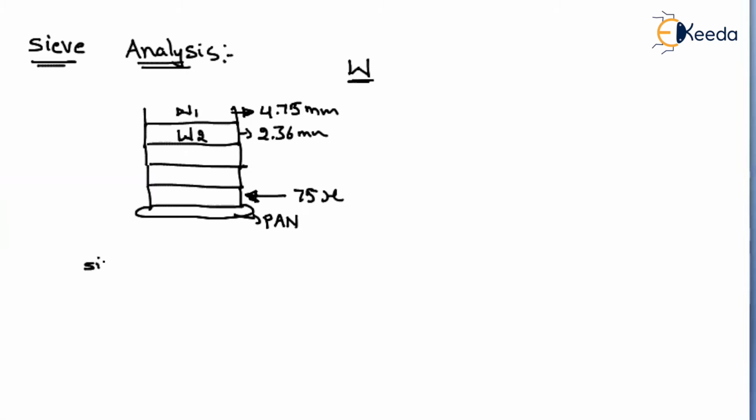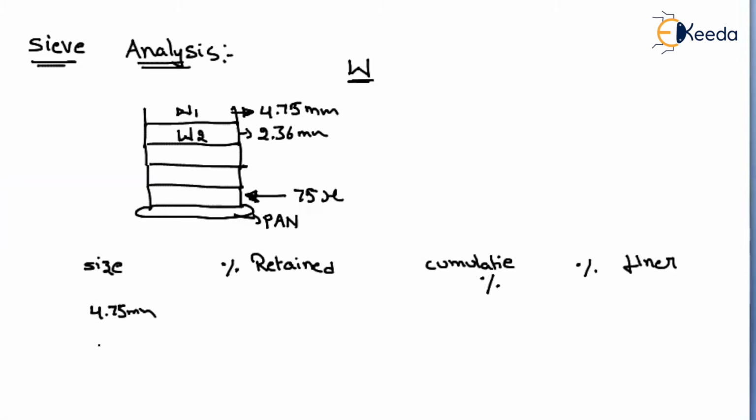Let us first represent the size and then the percentage of soil retained, and also the cumulative percentage, and also the percentage final. Let us arrange all these sieves in decreasing order: 4.75 mm, 2.36 mm, like that it will go on decreasing, and at last we will have the 75 micron.